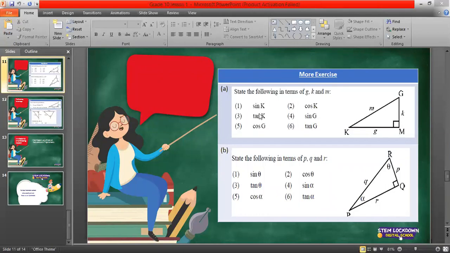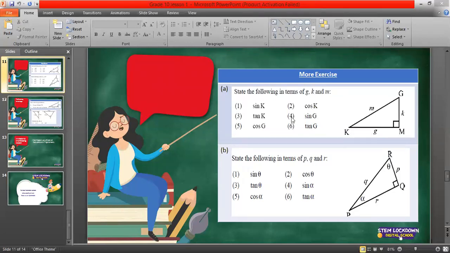What is the value of tan K in terms of g, k, and m? Tan is TOA, opposite over adjacent. Remember your SOHCAHTOA. So tan K will be opposite, baby k, over adjacent, baby g. So k over g is our tan.